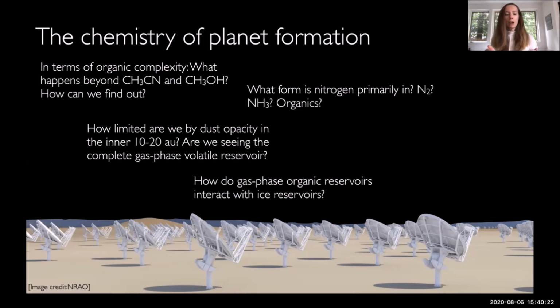If you're after what traces the millimeter pebbles the best, HCN actually looks like it does a pretty good job in most disks. But if we're looking at what traces the gas best, the full gas disk that tends to be substantially bigger than the pebbles, formaldehyde looks like it's more consistent with the CO, for example. All right.